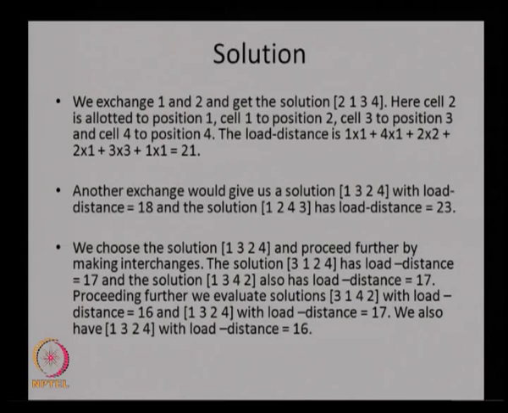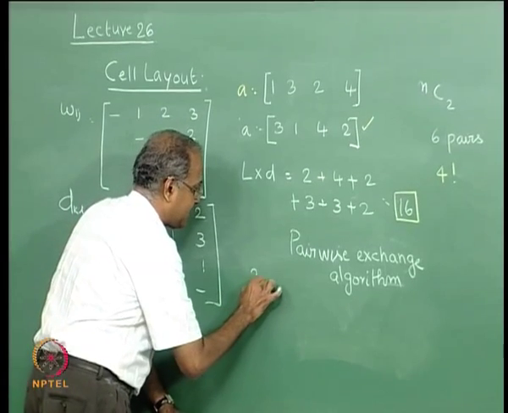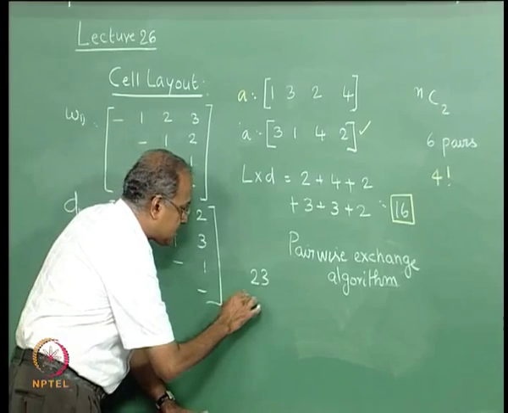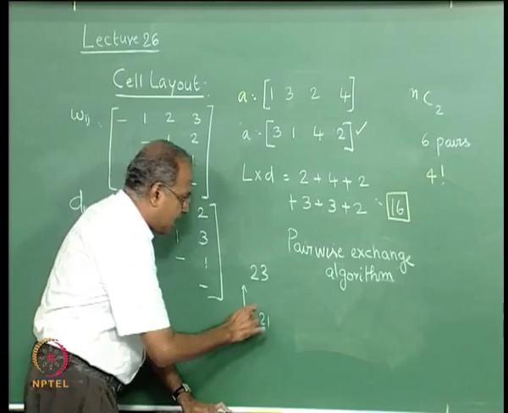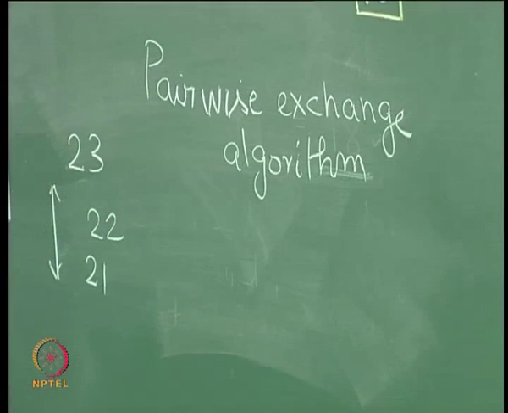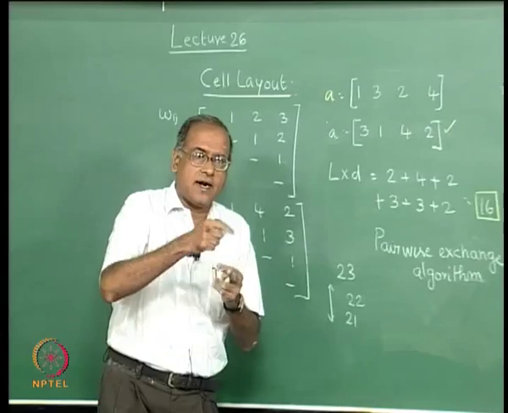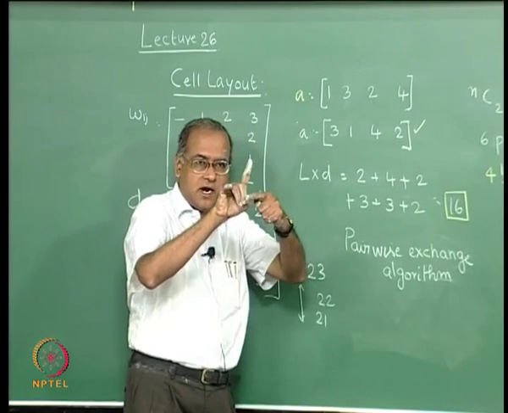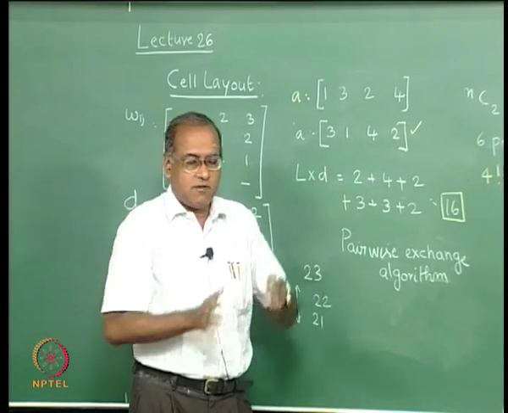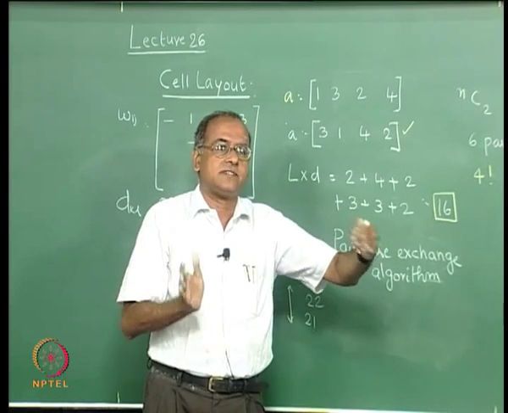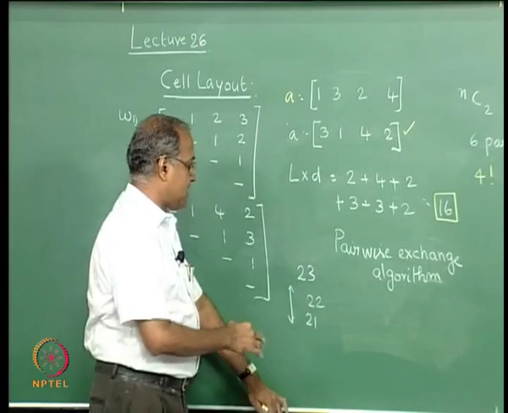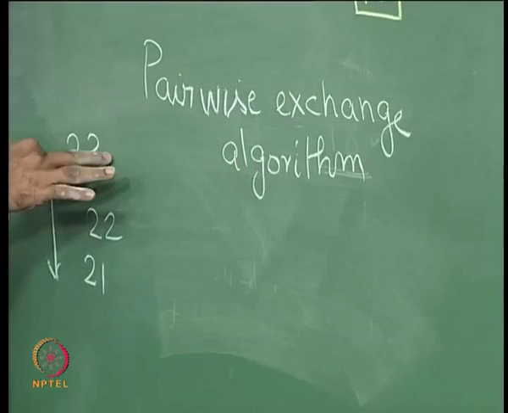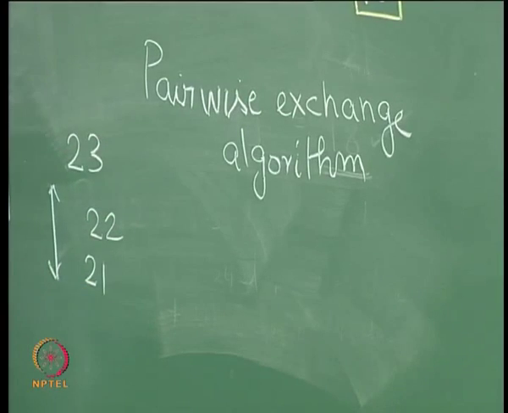Let us assume we started with 1 2 3 4, which is 23, and the best out of the 6 exchanges gave us 21. Let us assume there was another solution with 22, which was better than 23. We did not update to this 22 as soon as we got something less than 23, but we waited for a set of nC2 to be done and picked the best. It is a minimization problem, so we essentially picked the one which had the largest difference.